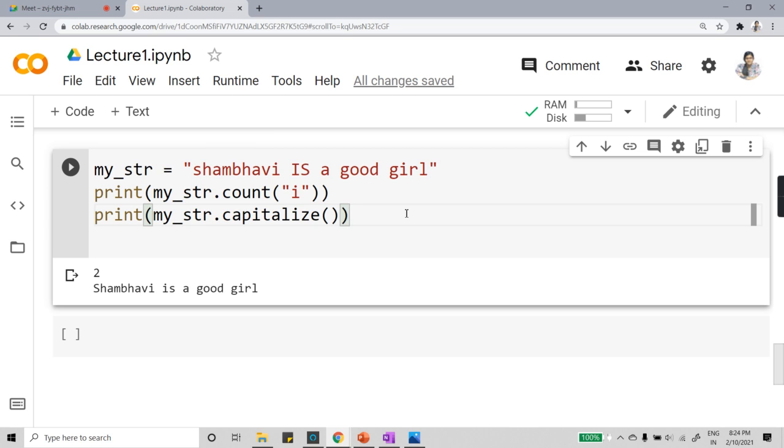What were the rest doing? They were only converting the first letter into capital. They were not converting the capital letters into small. They only converted the very first letter of the string into capital, saw that, and marked the answer. So this is the very thing that many of them do not know, that this capitalize function does this also, right? So just keep this in mind, fine? So this was the concept about capitalize.